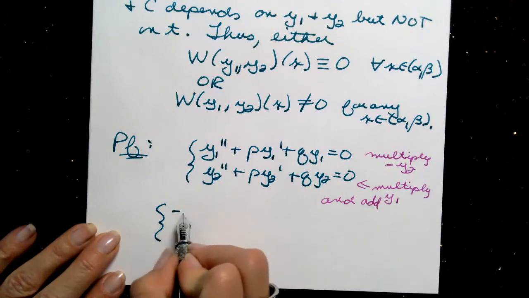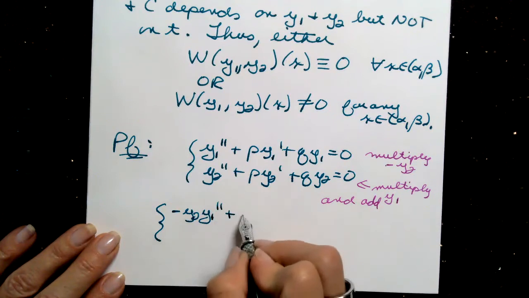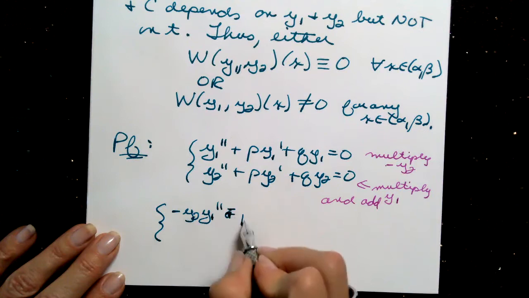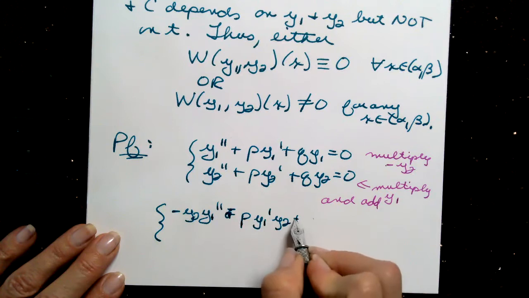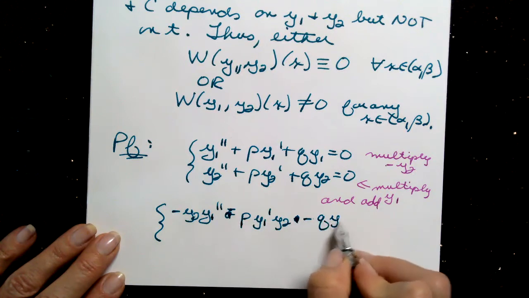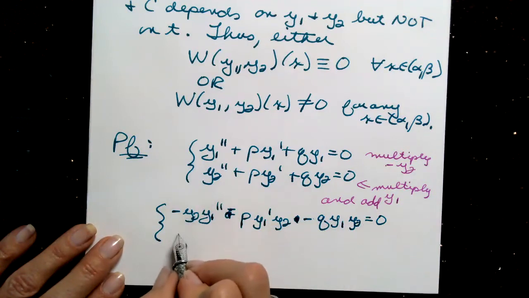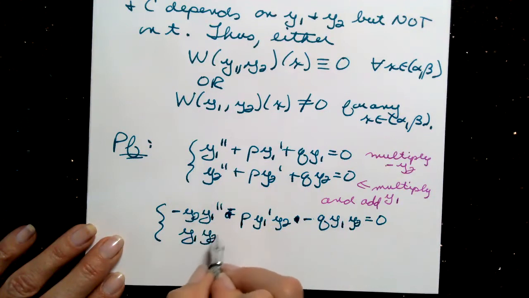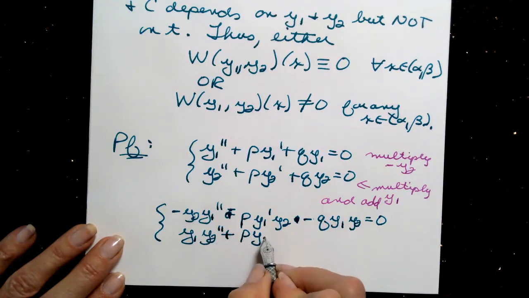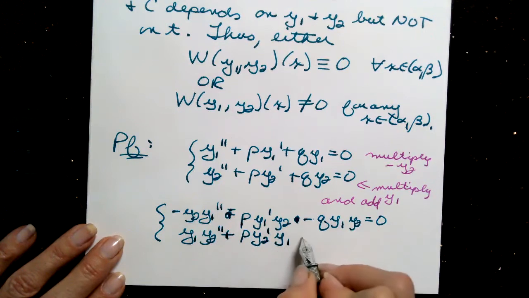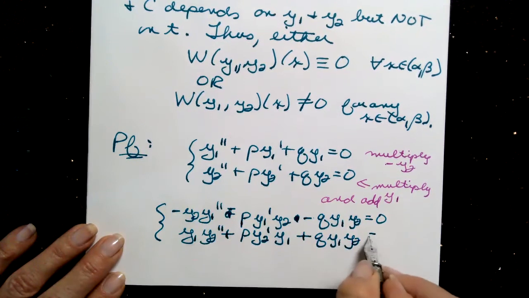So this will become minus y2 y1 double prime minus p y1 prime y2 minus q y1 y2 equals 0. And then on this one, we will get y1 y2 double prime plus p y2 prime y1 plus q y1 y2 equals 0.